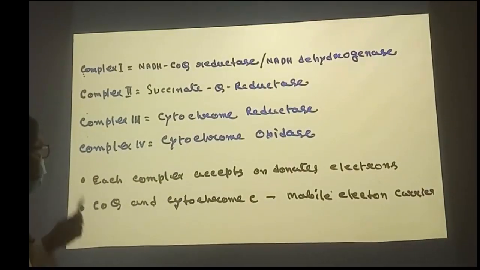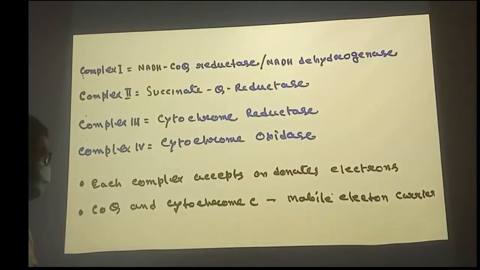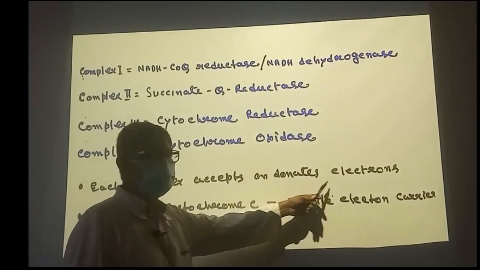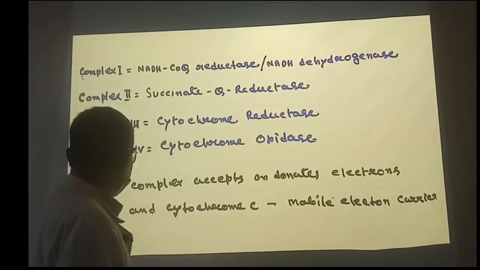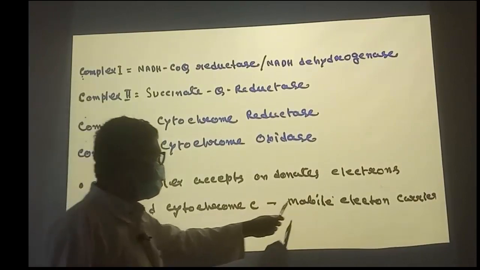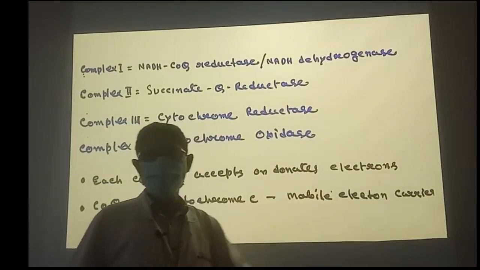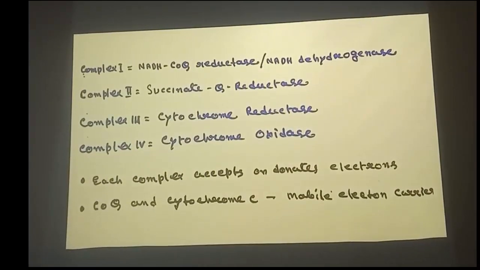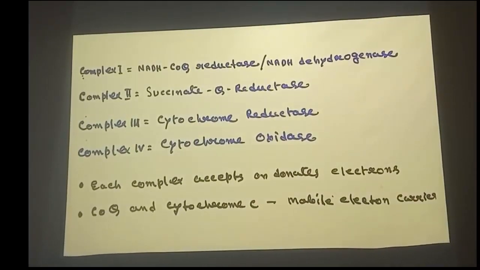So these are the different enzyme complexes, and each complex accepts or donates electrons. Coenzyme Q and cytochrome c, as I have already told you, are the mobile electron carriers in the electron transport chain. And these whole complexes are situated in the inner mitochondrial membrane.